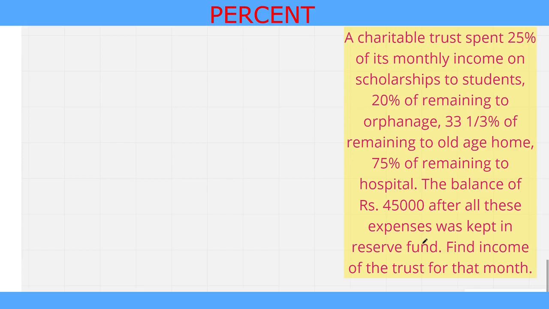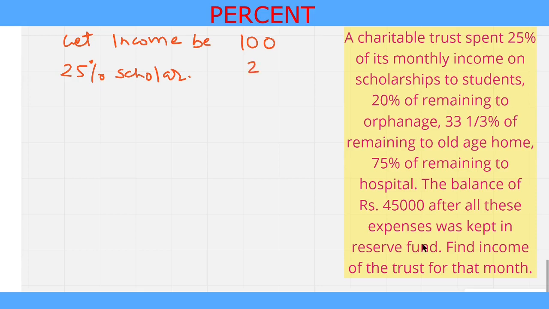So we proceed like this. Let income be 100. Now 25% was spent on scholarships. So we write scholarships in short form as scholar, and 25% of 100 is 25, and the remaining is 75.